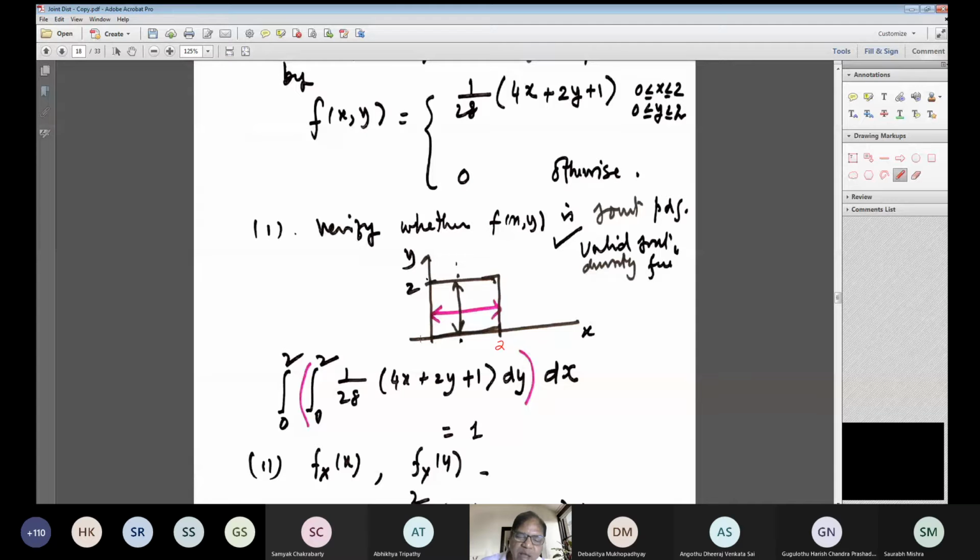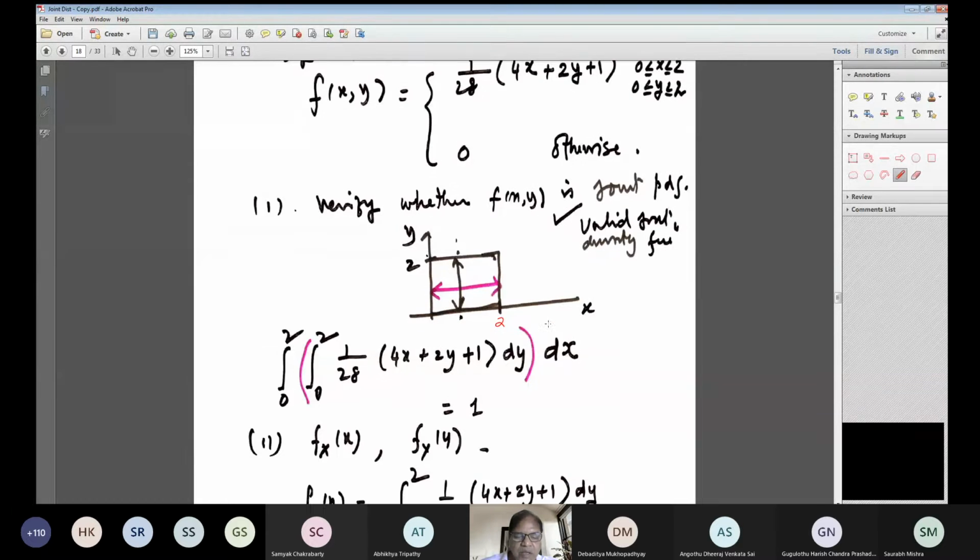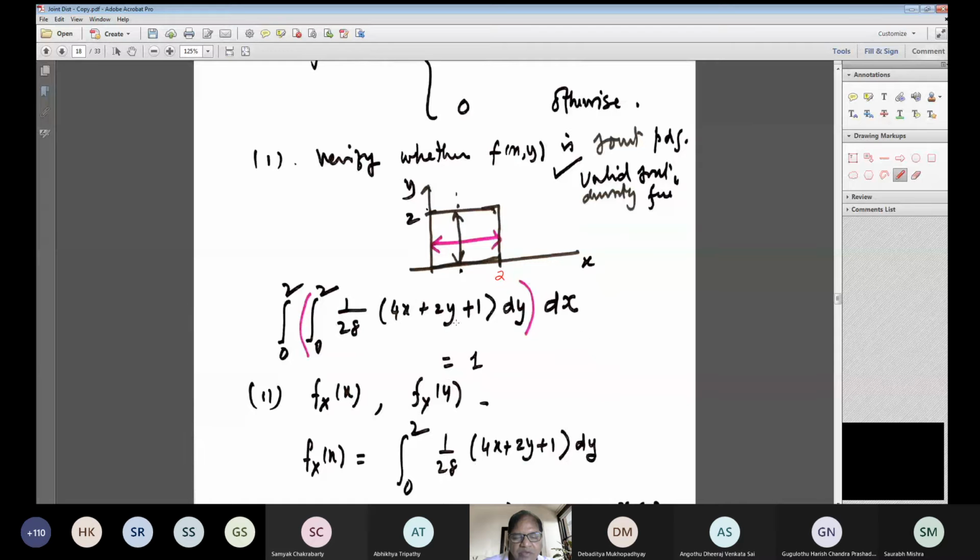In many cases, you may have different types of domain, and accordingly, we have to find the lower limit and upper limit of the respective variables that we have to integrate. I'm not going to work this out, but after evaluation of this integral, the value comes to 1, so it is a valid density function.